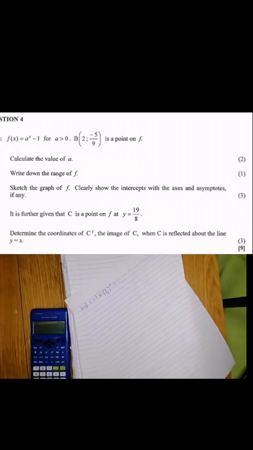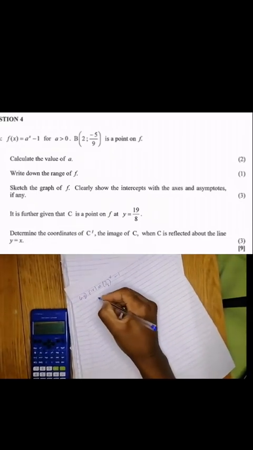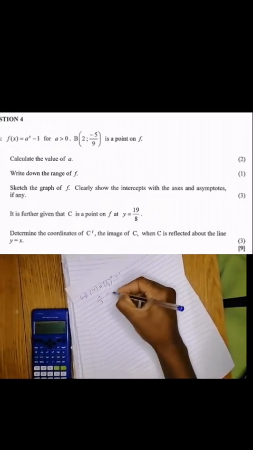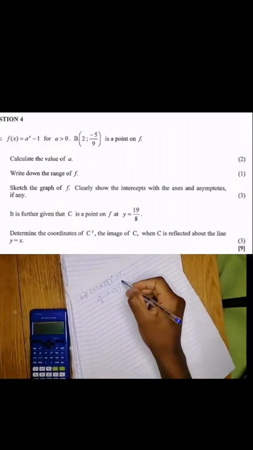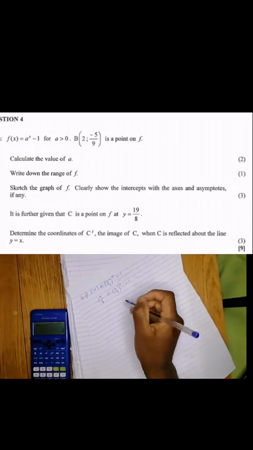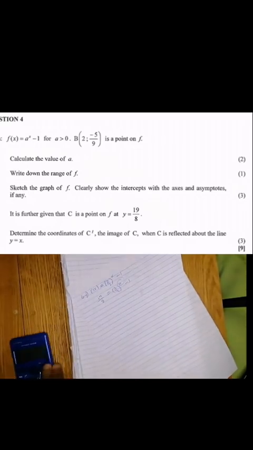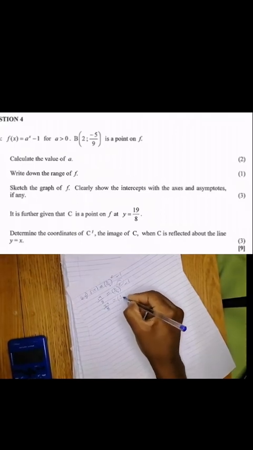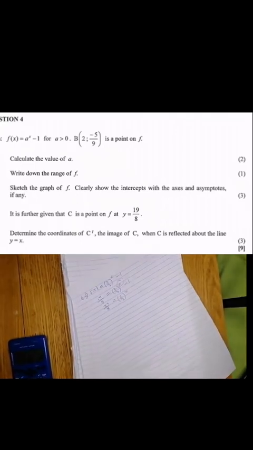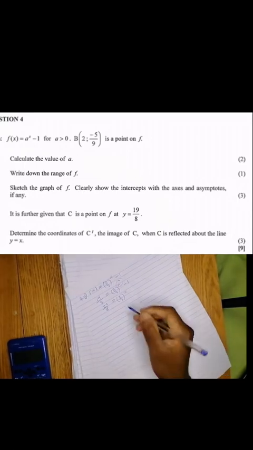Again, we are given y, meaning we substitute y, which is 19/8, equals 2/3 to the power x minus 1, and then we solve for x, guys. So we're going to transpose negative 1 to the left hand side, which is going to become positive. It's going to be 19/8 plus 1 equals 27/8 equals 2/3 to the power x, right, guys?